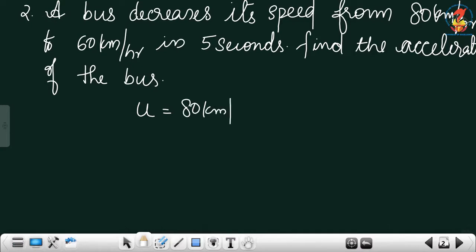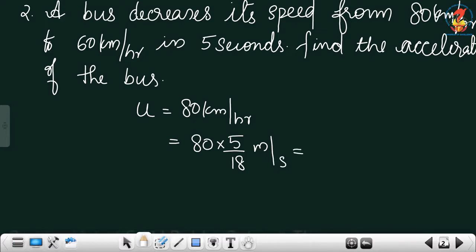80 km per hour, that is equal to 80 into 5 by 18 meter per second. You need to find the answer. Okay.